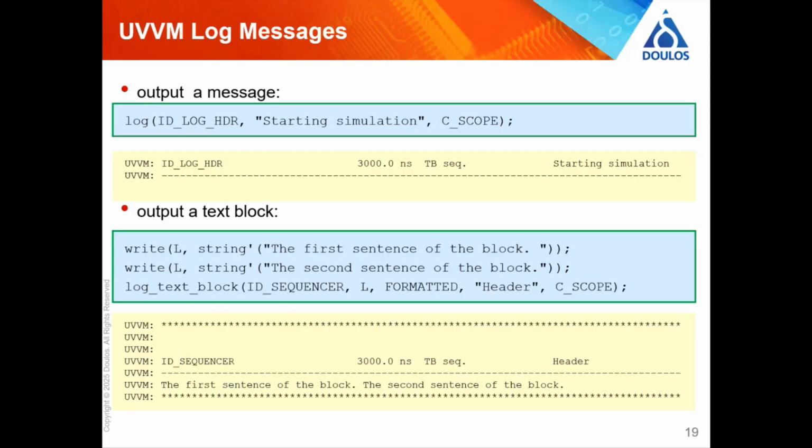UVVM also borrows the VHDL write procedure, so we can write to a line buffer and then send that to one of these log text block procedures, for example, and then that becomes the text that gets written out. So we don't necessarily have to construct a string in one go. Here you can't really see the advantage because they're both strings, but the advantage of write is that it's overloaded for lots of different kinds of values, so we don't have to do lots of type conversions to make the string in the first place.